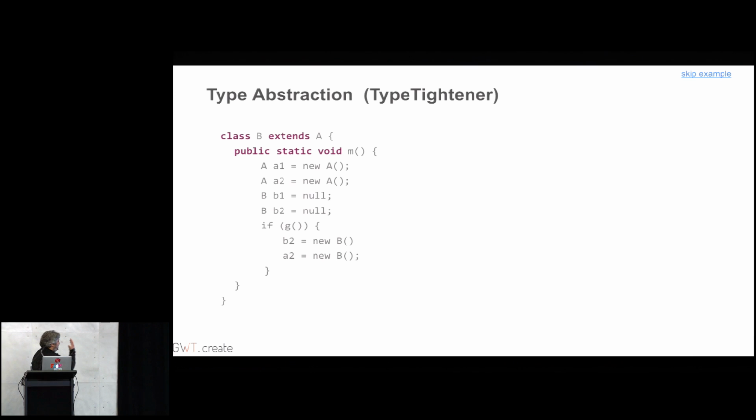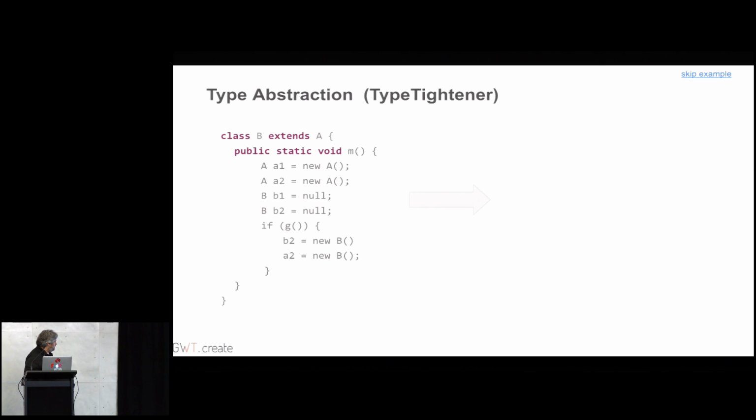So let's say we start with this program, in which we have these 4 variables, A1, A2, B1, and B2. If we look, for example, A1 gets only assigned new A. So this would be an exact type of A. But A2 gets assigned A or B, and B is a subclass of A, so that would be still the type A, a non-null type A because it cannot be null.